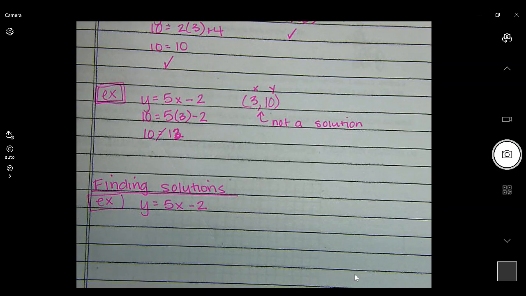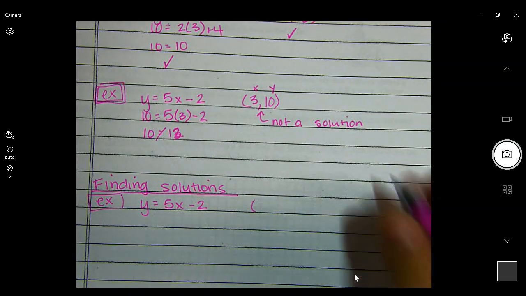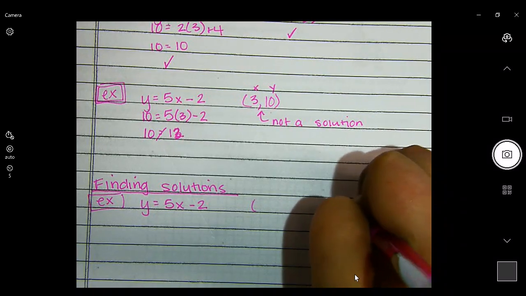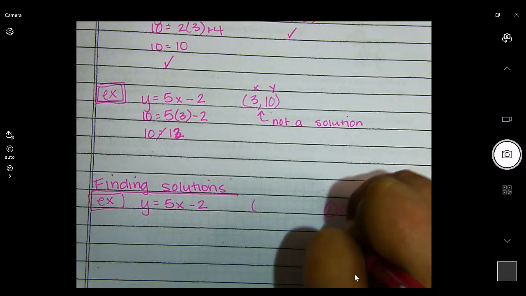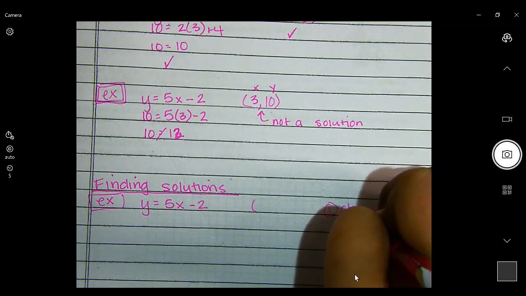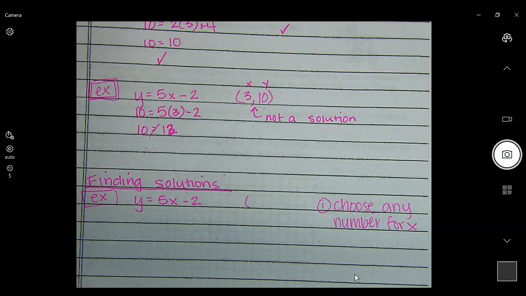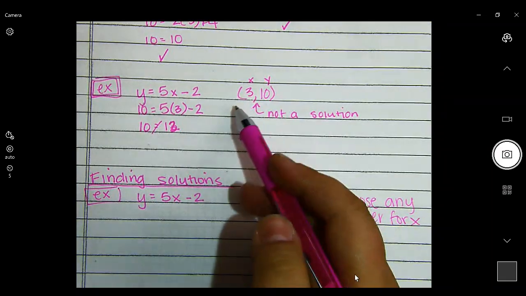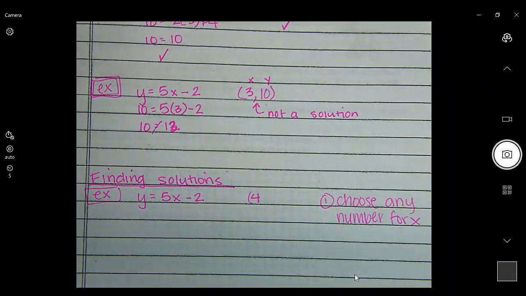So what we're going to do is just choose any number for x. Okay, so in this case, let's keep it with, or no, let's change it. Let's do 4.